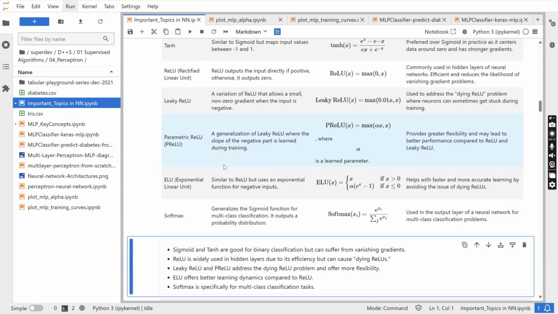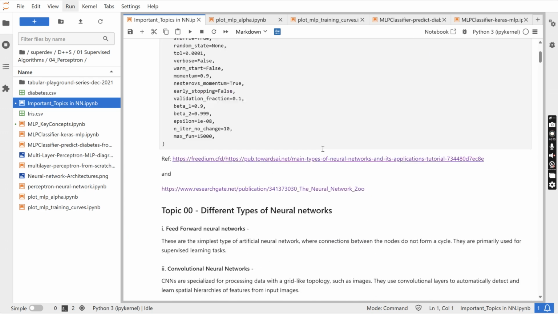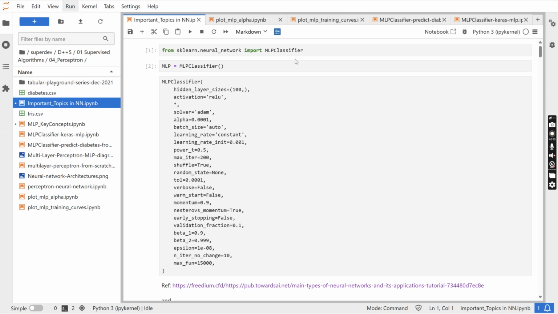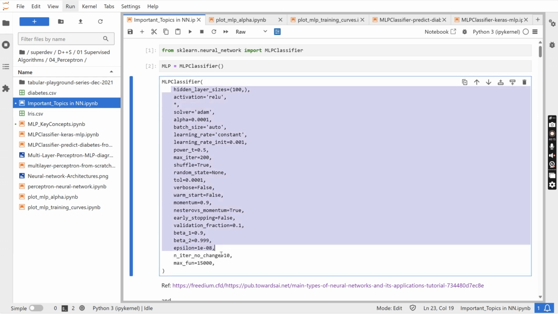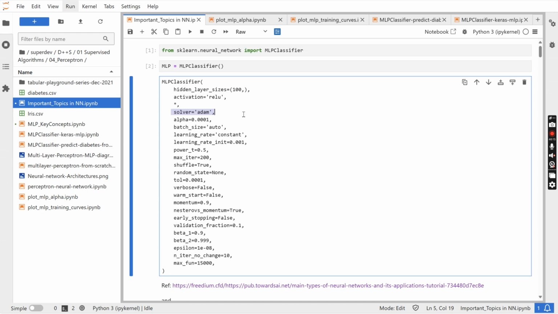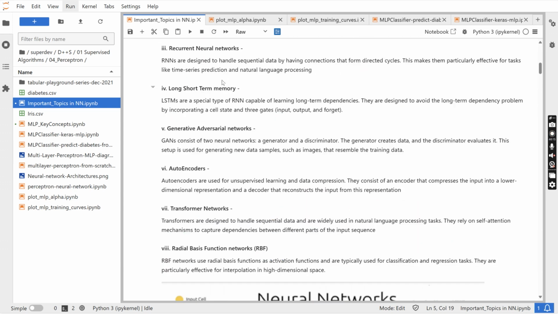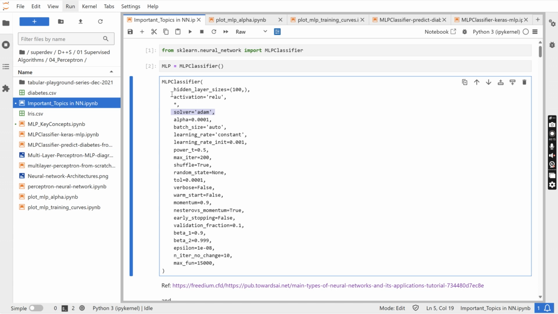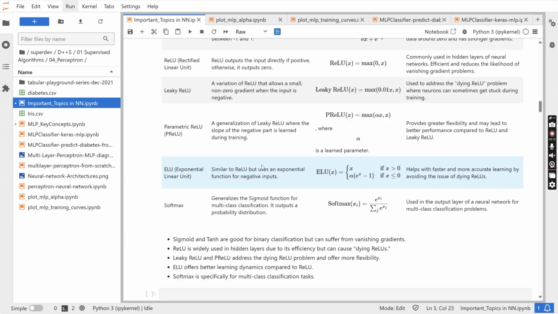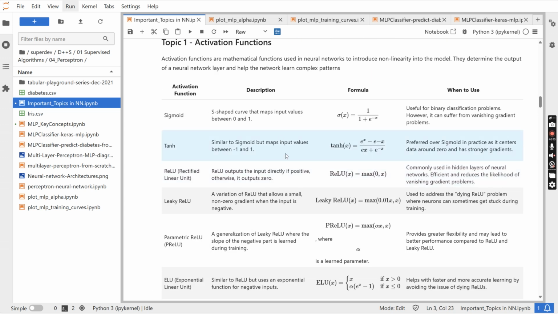Now let's look at the different parameters that we saw in MLP. The first parameter I would want to take is the solver. Sorry, activation function. Let's talk about activation function. Here it is, right? Activation is ReLU. Hidden layers, you already know, is just a value that you provide to determine how many neurons you want.